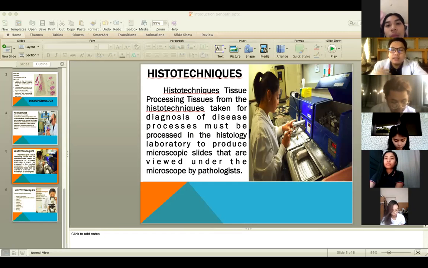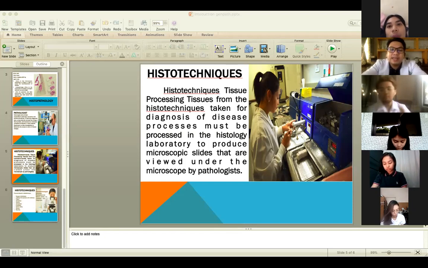And then, ito yung next method is smear preparation. So we have different techniques in doing smear preparation. The process of examining sections or sediments whereby cellular materials are spread lightly over a slide by means of a wire loop, an applicator, or an opposite smear. Okay, first is streaking.